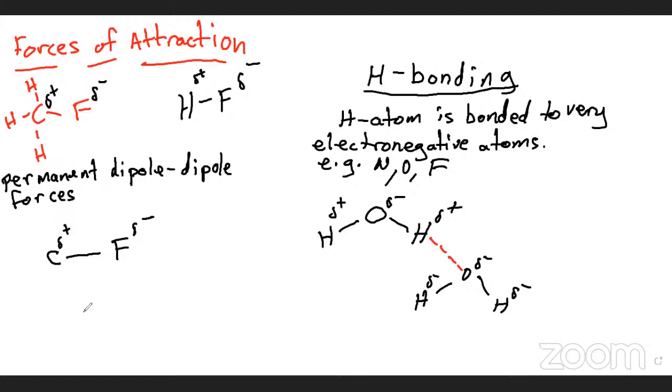So that means if I have a next one, let's put back the H's. There can be an attraction between the positive carbon and the negative fluorine. So that attraction, that's the permanent dipole.